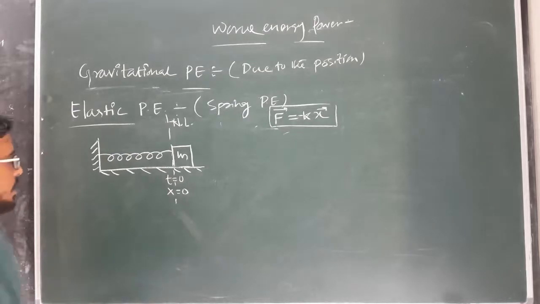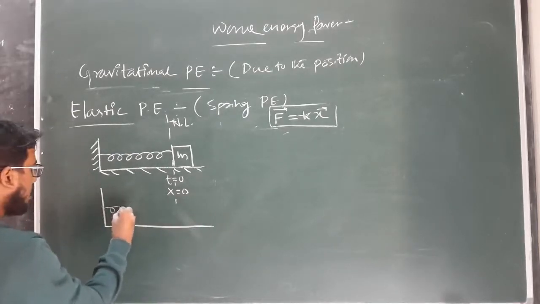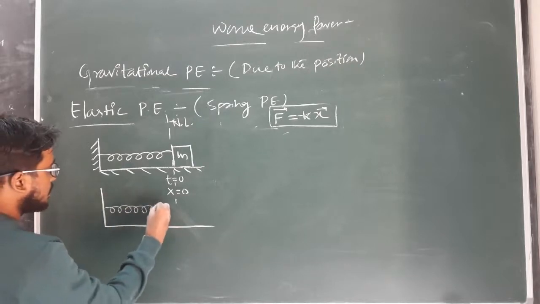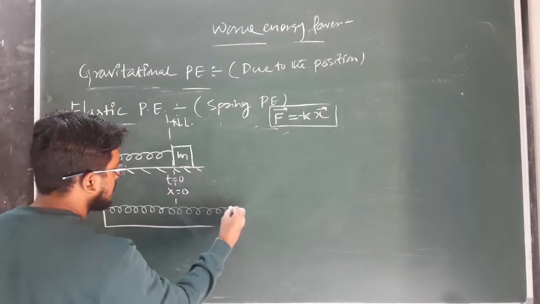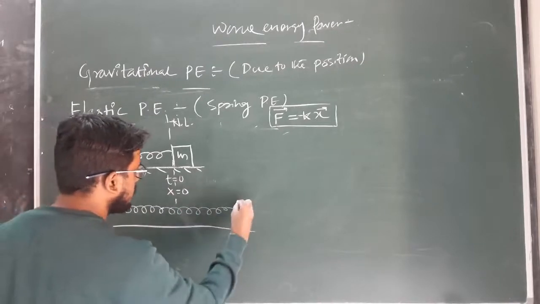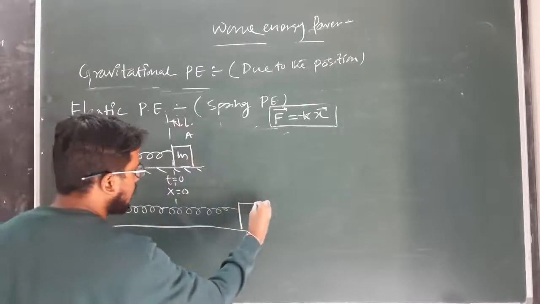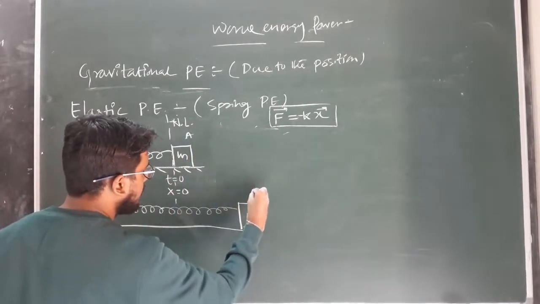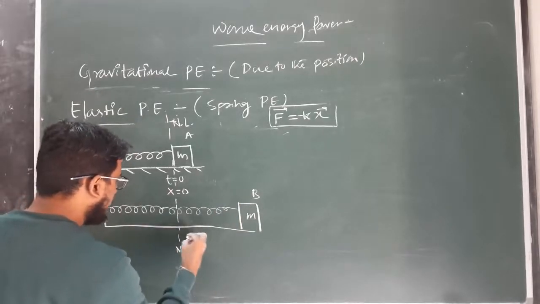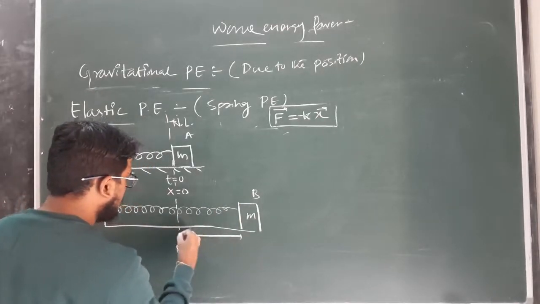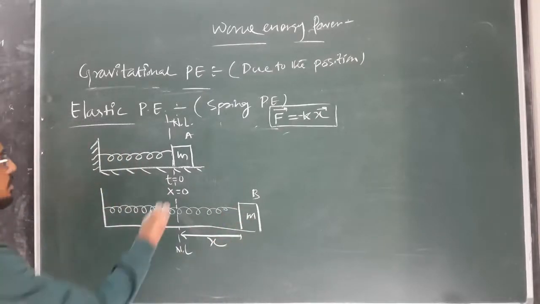But in the next case I am applying some external force to displace or disturb the spring, or extend the spring by a certain amount x from its natural length. So let the initial position of the block be A. Now the block is displaced to point B from its natural length. Its displacement or extension is considered as x. Clear? So this is the natural length.